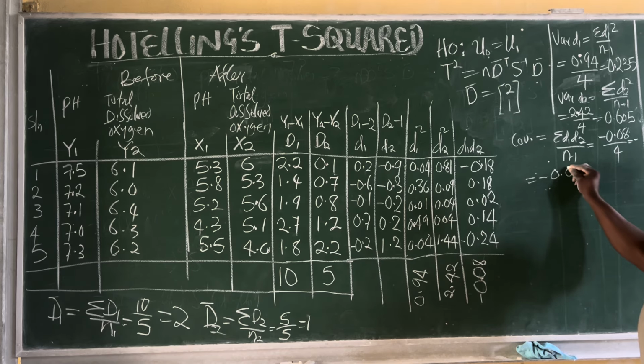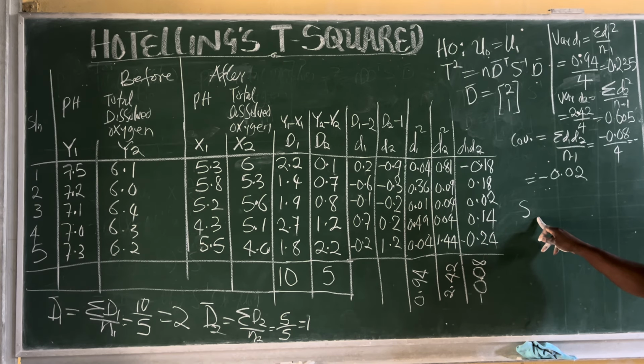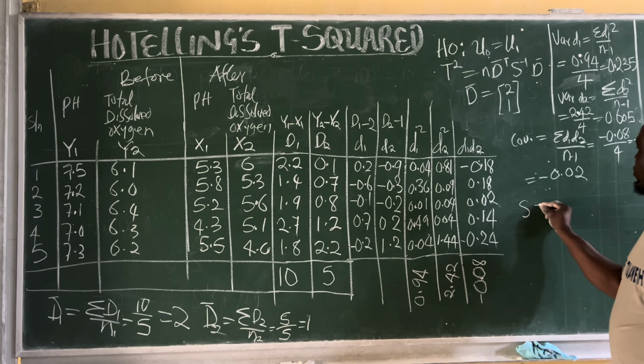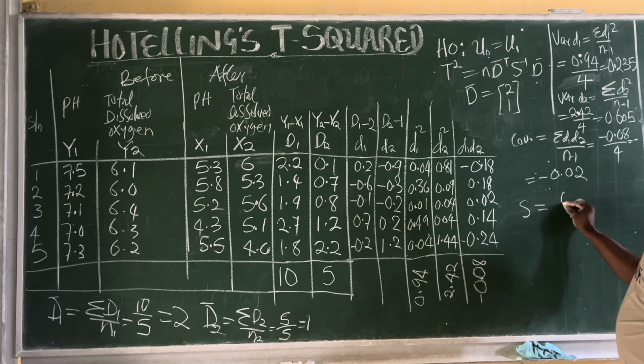So this is the information we need for our variance covariance matrix. And so we'll say that our S, I'm just writing S, not S inverse. So when we have the S, we can now compute the inverse. So our S will be equal to the variance of D1, 0.235.